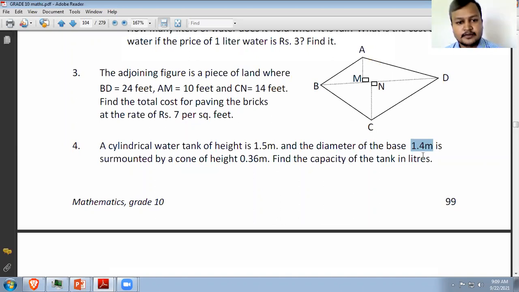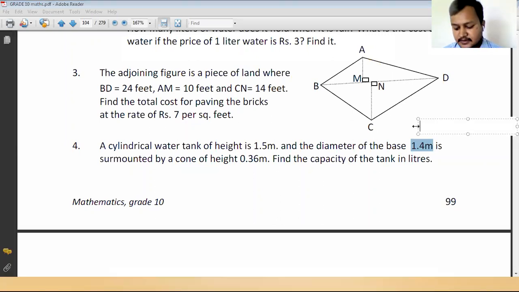Diameter is 1.4 means radius will be 0.7 meter, half of 1.4, and surmounted by a cone of height 0.36 meter. On top of the cylindrical tank there is a conical shape. Earlier there was a hemispherical shape; now above the cylinder there is a conical shape. This is the cylinder at first, and there is a cone at the top of it.